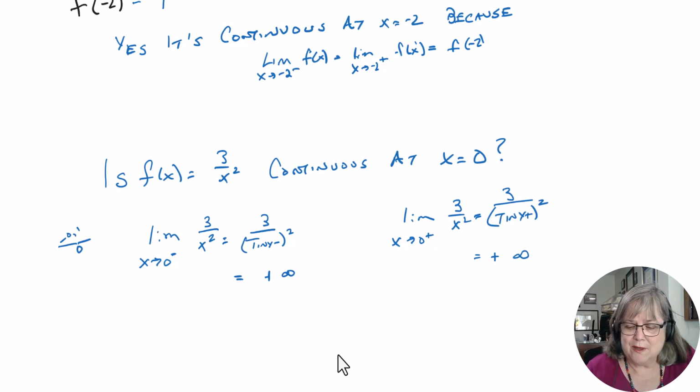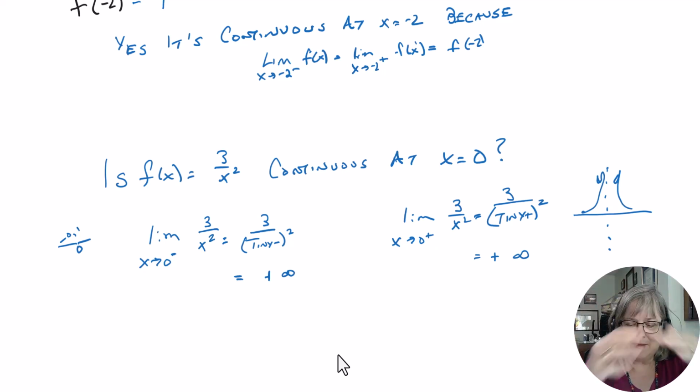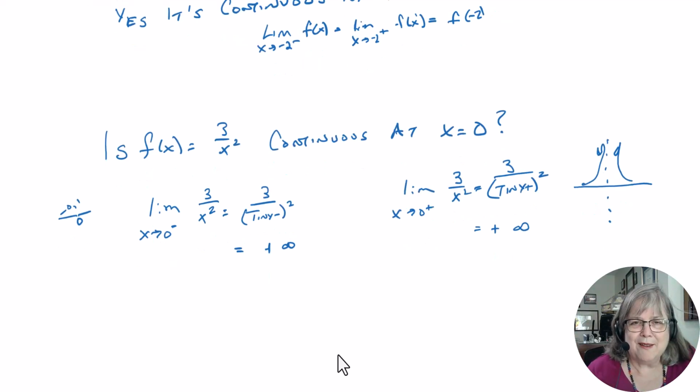These are not continuous because there's some sort of an asymptote at this, and they're both screaming up like this. And you can tell that it's not continuous. It's not making a nice smooth curve, but depending on your teacher, you can just bail out.